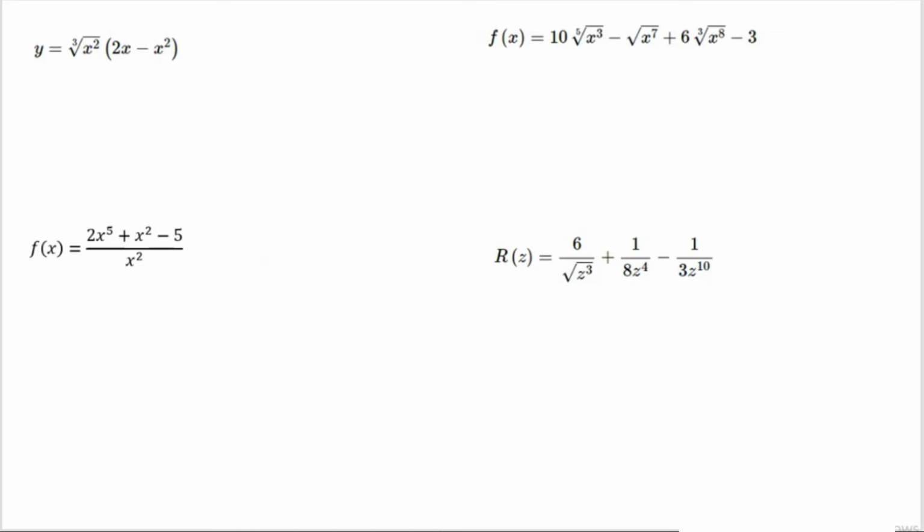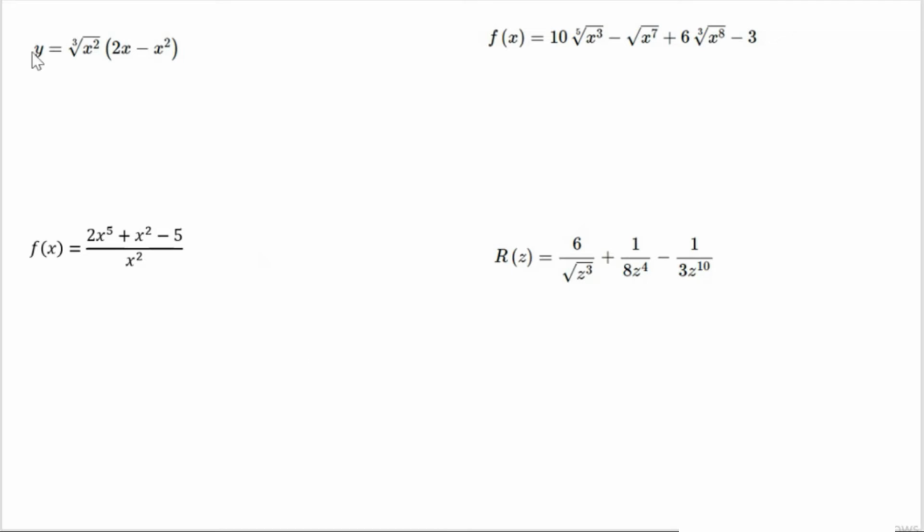In other words, we need to use the distributive property before we can take the derivative. But sooner or later, I'm going to introduce to you how to find the derivative of a product and a quotient. So for now, we're going to manipulate first the given before we take the derivative.